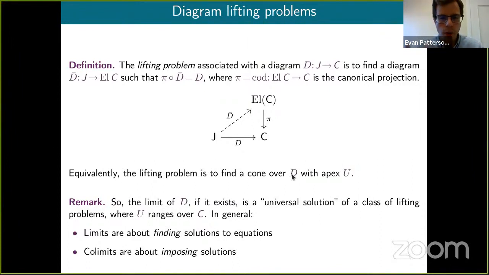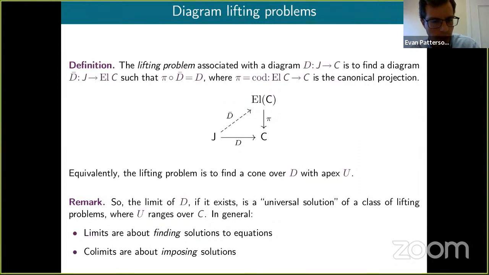So there are a lot of different ways to describe the things I'll be talking about. Depending on the situation, it can be useful to have different ways to say the same thing. But thinking of it as a cone illustrates that there's a connection here maybe to limits.